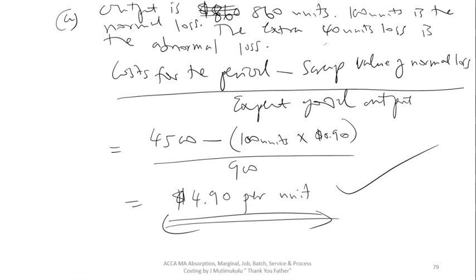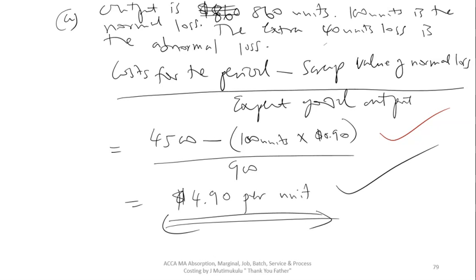This is the computation. Remember, in the computation of the output cost, the cost per unit, we do not involve the values of the abnormal gains or abnormal losses. They do not affect the computation of the cost per unit.